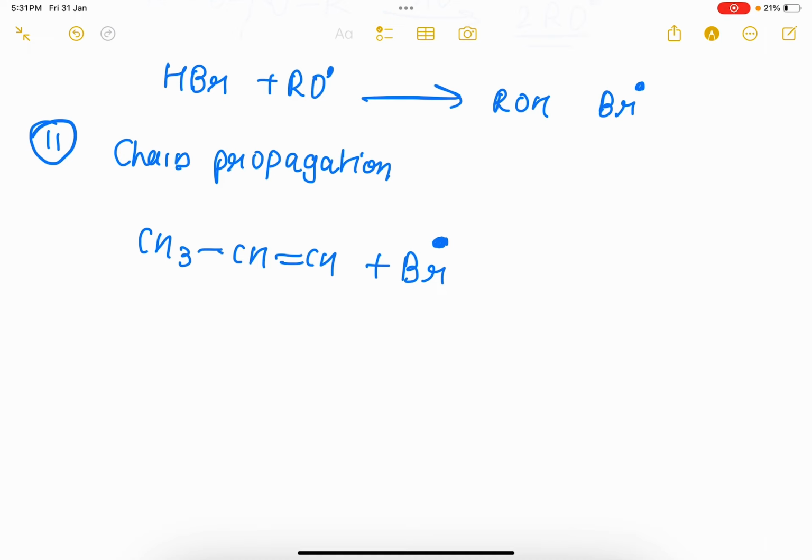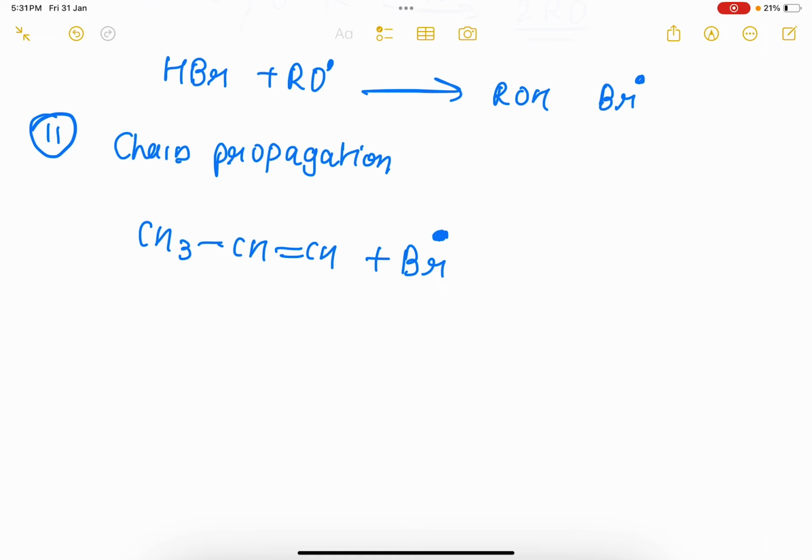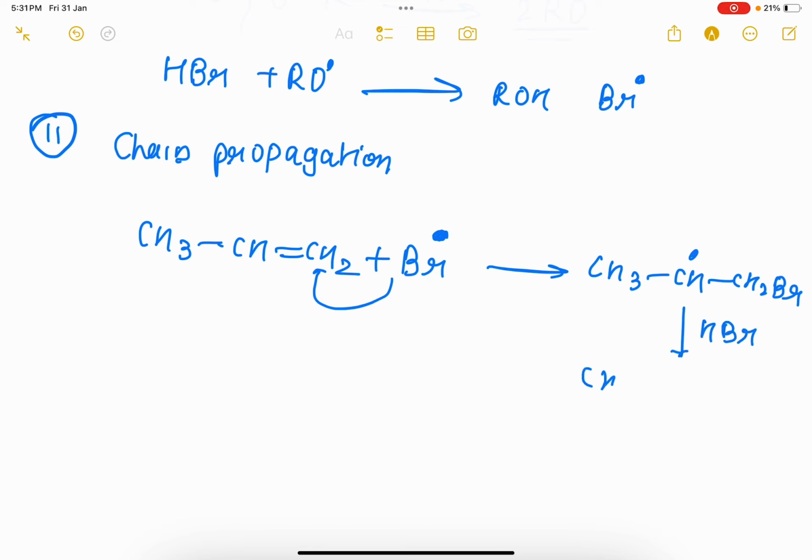Br attaches to the carbon which contains more number of hydrogen, and it forms CH3 CH free radical CH2Br. After that, one more HBr reacts with this and it forms CH3 CH2 CH2 Br and Br free radical.